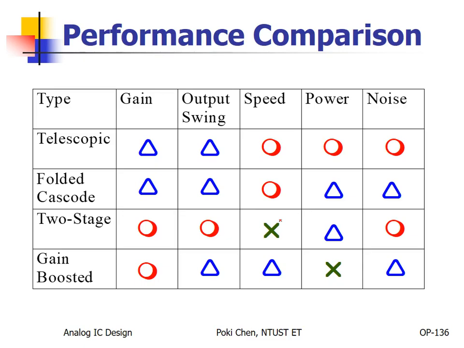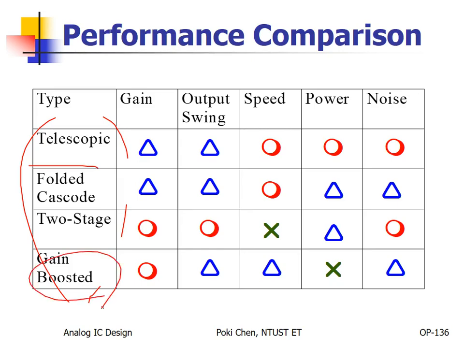And here is some kind of performance comparison for the traditional op-amps. This table actually is from Allen's textbook. All right, believe it or not, I don't care. That's only for your reference. Anyway, according to Allen's, telescopic is good at... who provided you the most gain?